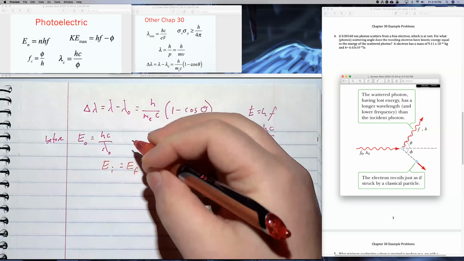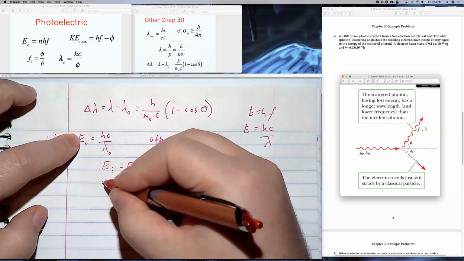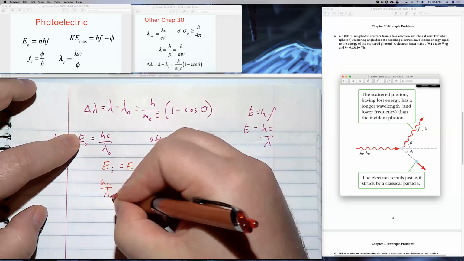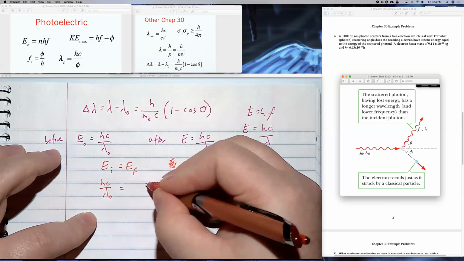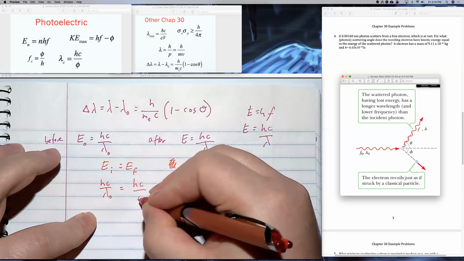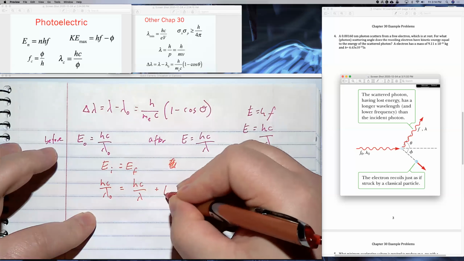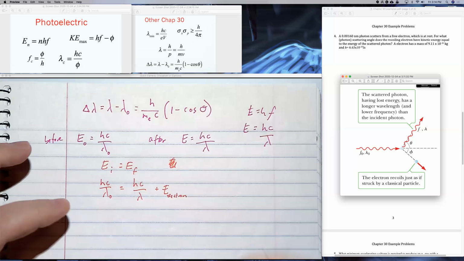Let's use the same notation. Initially, I have just my photon. Final, I have my photon, but also this electron's now moving and now has some energy.